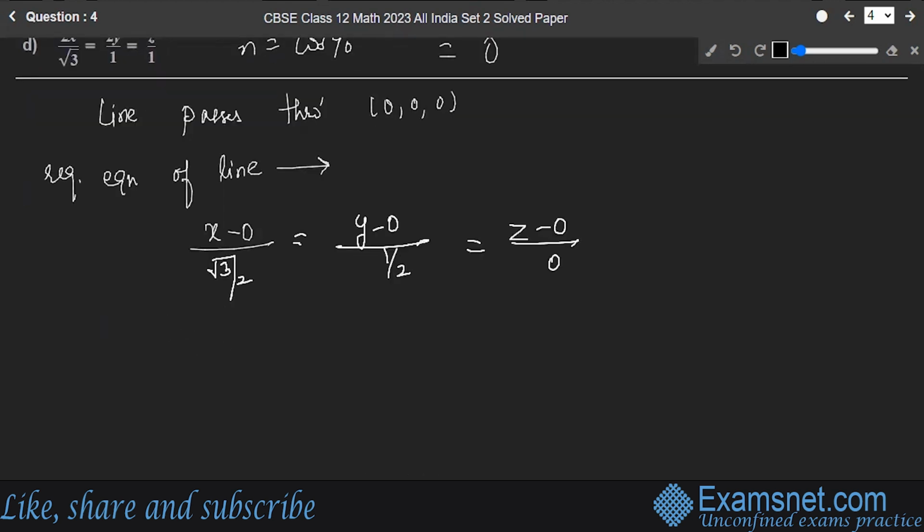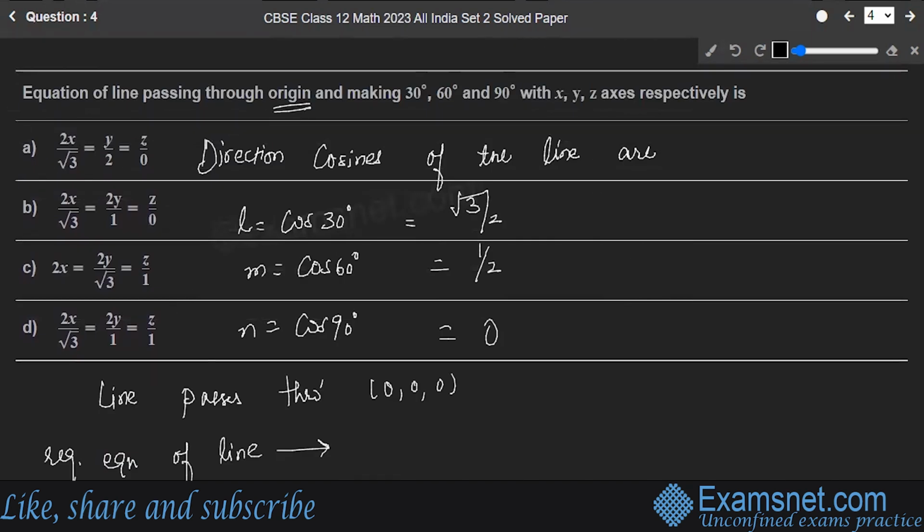Or this becomes 2x upon root 3 equals 2y upon 1 equals z upon 0. So this is the answer to the question. Let's check it matches with your option B.